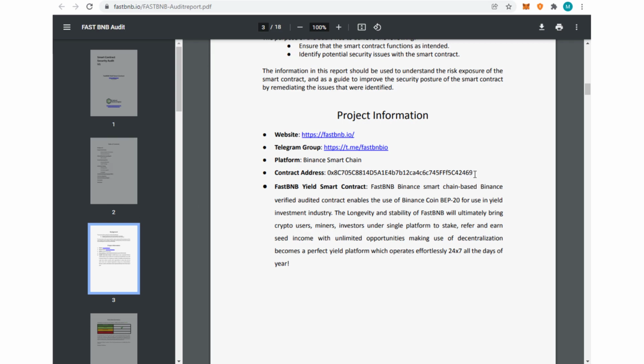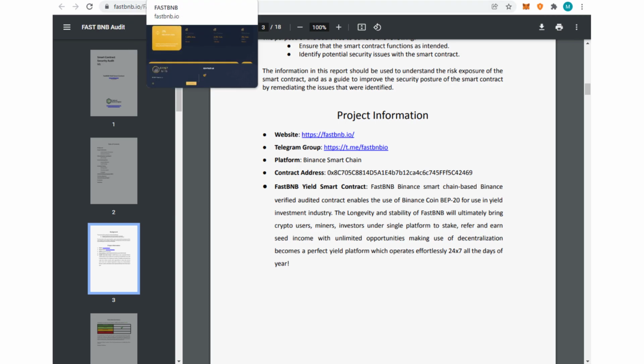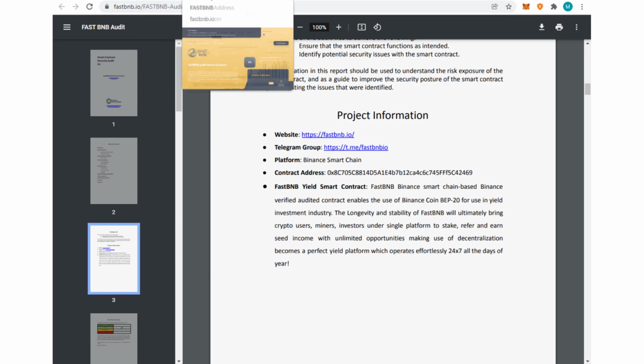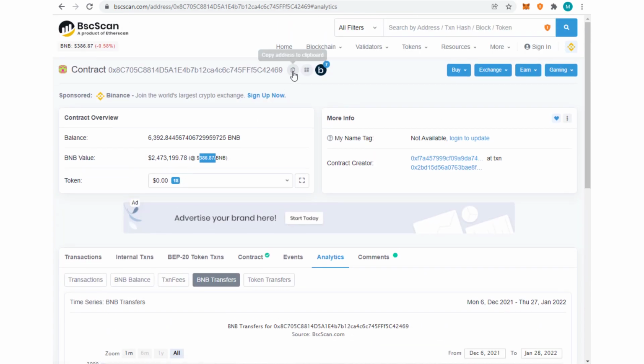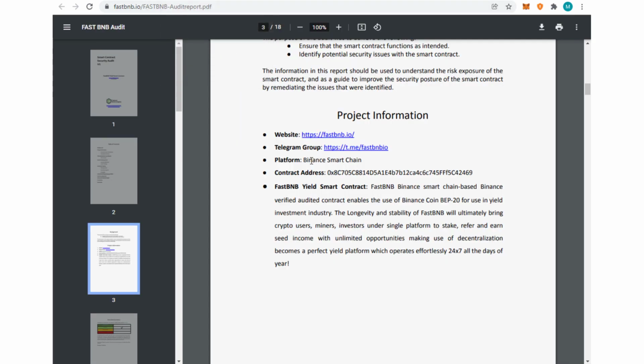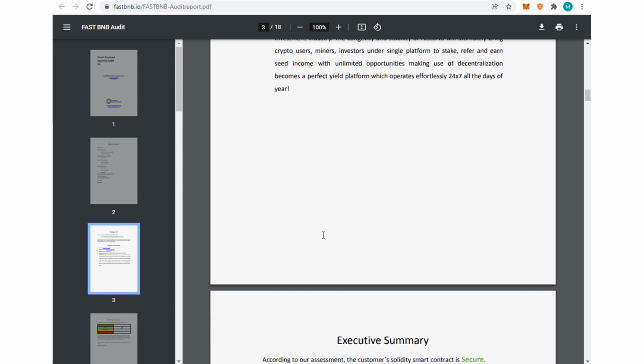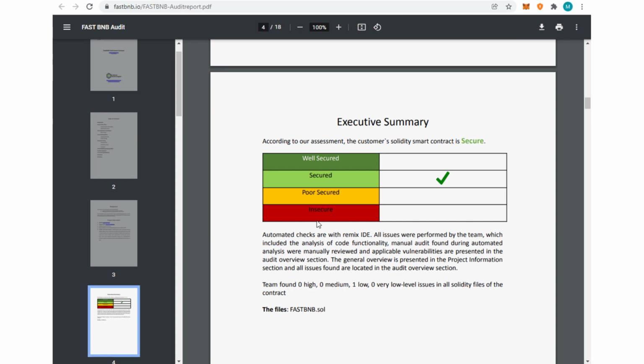Let's look at it. 2469. If I go back here, 2469, so it's the same contract, so that's good news. So we know the same contract was audited, with some general information. It says it is secure.